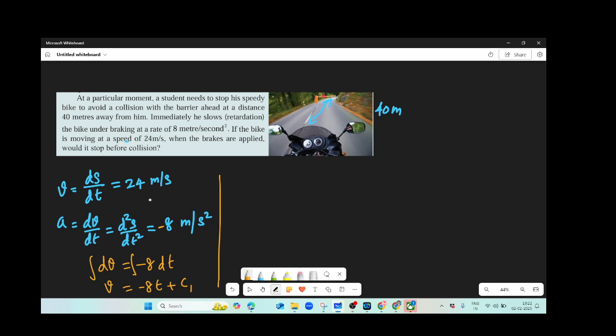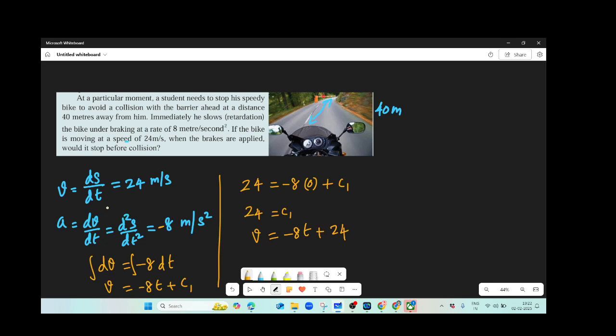When you substitute this 24 here, 24 equal to minus 8 times time 0 plus c1. So c1 is 24. We can find the constant. So velocity equal to minus 8t plus 24.